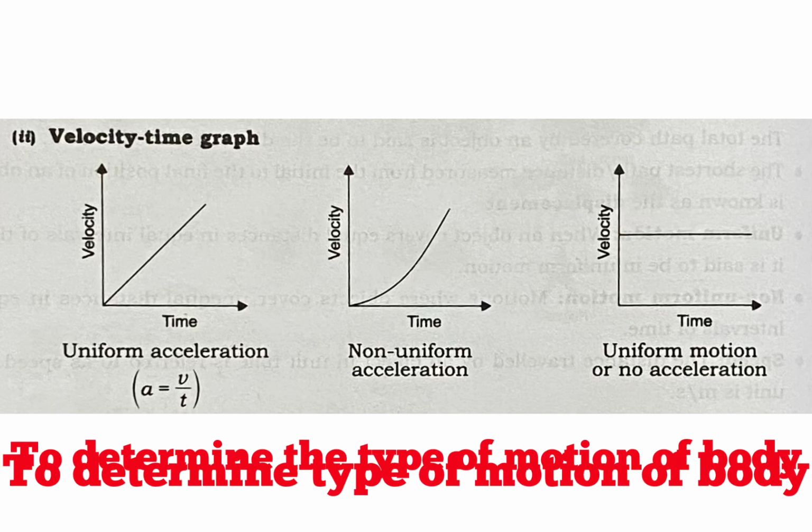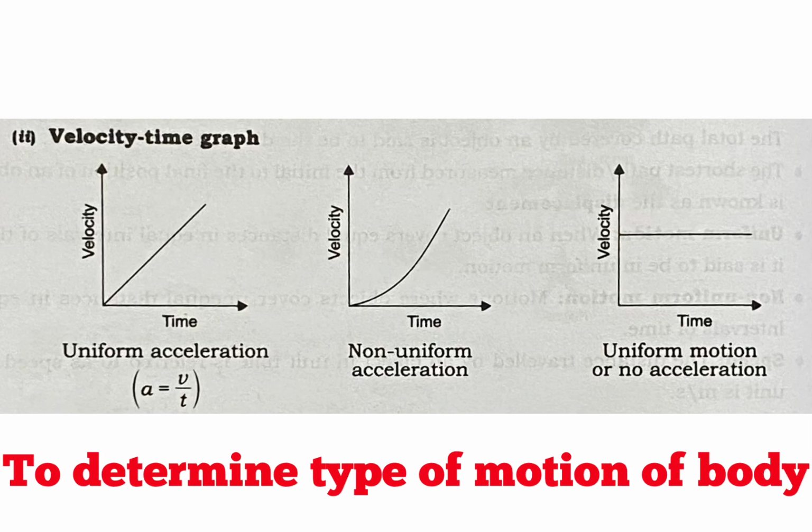Now it is velocity versus time graph, and here a straight line parallel to time axis means that velocity is constant. And if velocity is constant, it is not changing, then v minus u will be 0. So it is a motion with zero acceleration, which means that uniform motion, that is motion with uniform velocity.